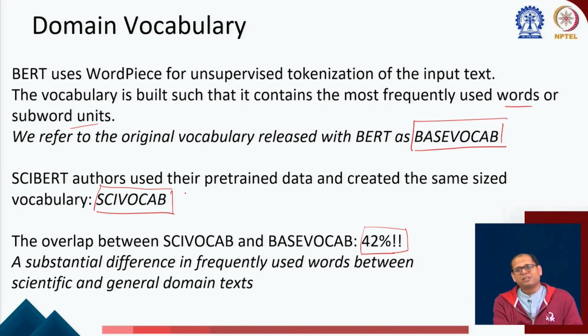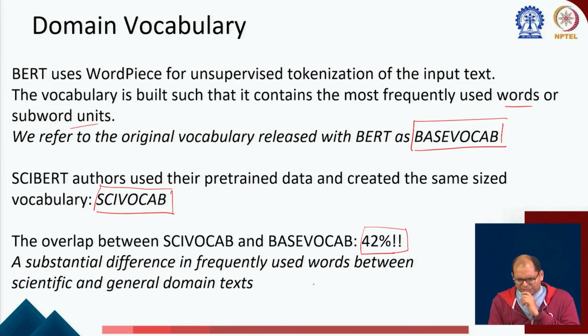That means it has 58% new words that base vocab did not have. You would obviously like to have these tokens included in your vocabulary, because otherwise these tokens will be broken up into subwords and would lose their significance. So in a new domain you typically want the tokens to be retained as much as possible.